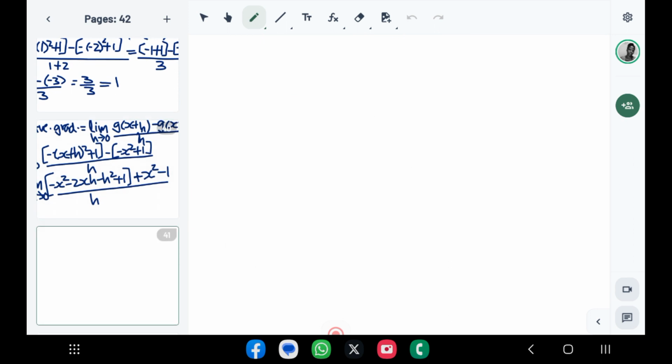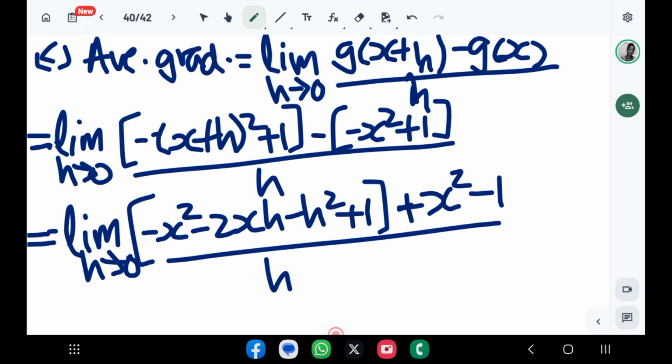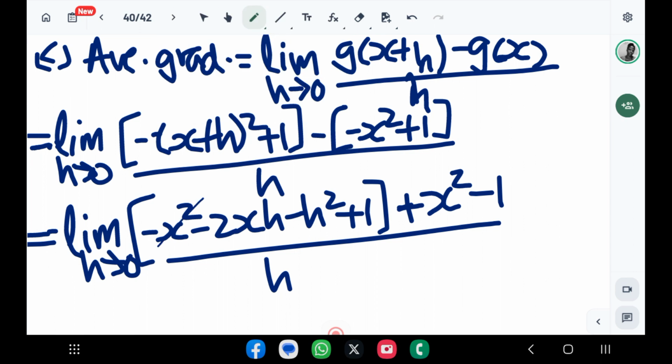Which will be equal to the limit as h tends to 0 of, here are the ones that are now going to cancel each other out. The minus x squared will cancel with x squared, the 1 will be cancelled with minus 1.